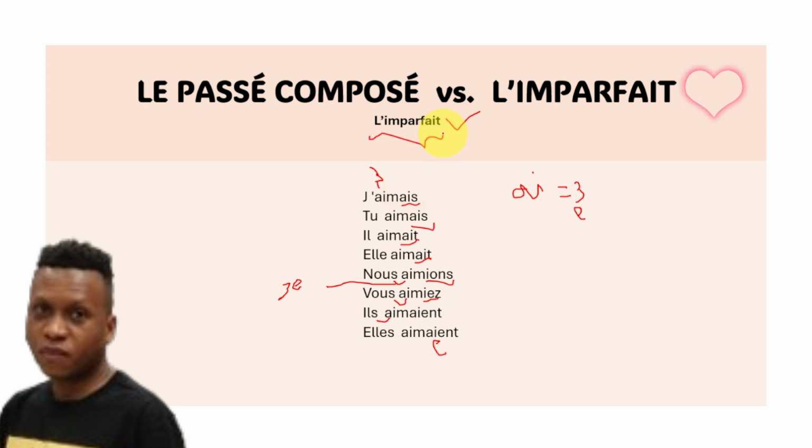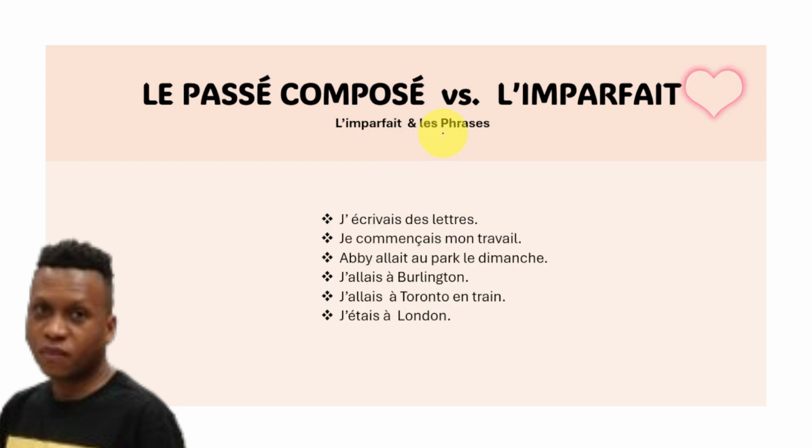Okay? Now, the sentences. So when we link this, j'écrivais deux lettres. Here, this sounds like this, or in case you don't get it, you just say it like this, it's okay. J'écrivais deux lettres.